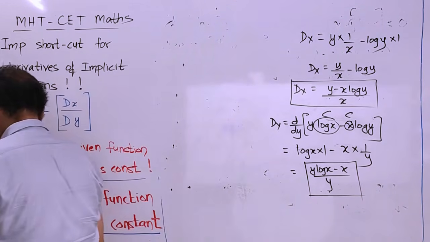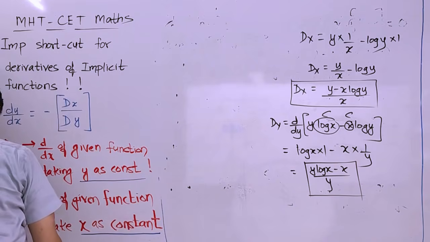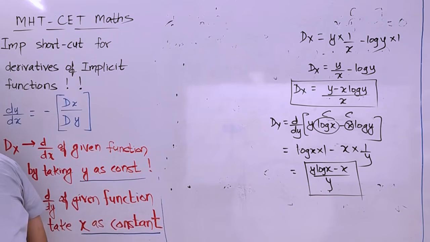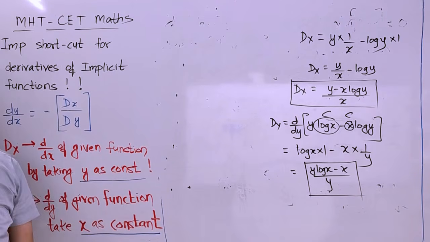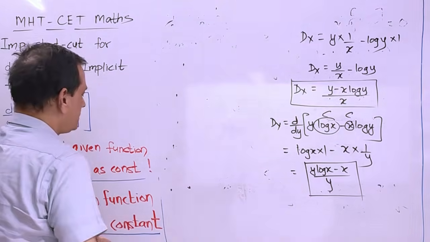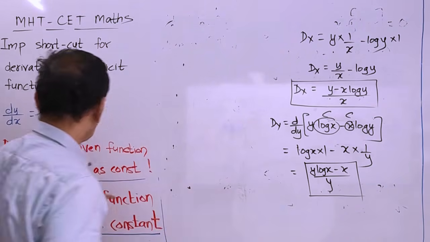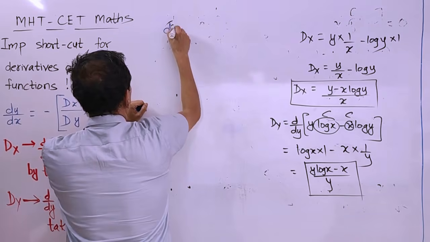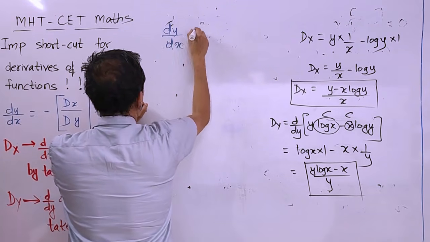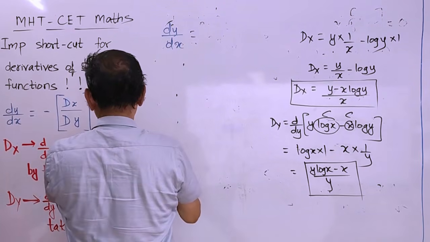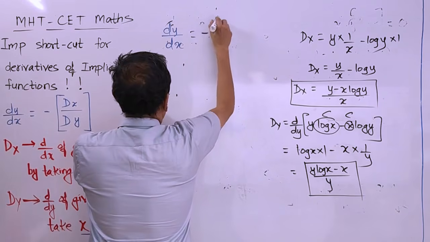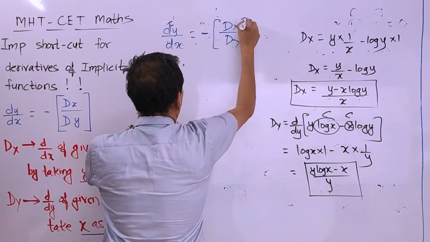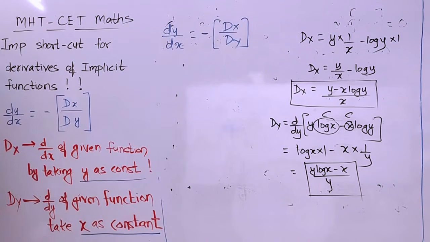So what does the formula say now? Formula says dy by dx is minus of dx upon dy, which you already have found.